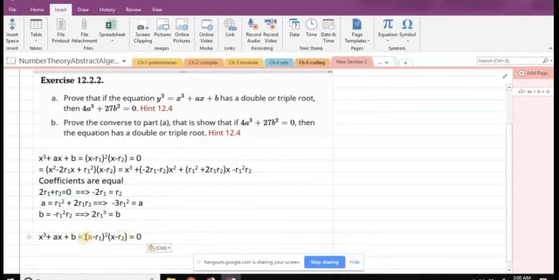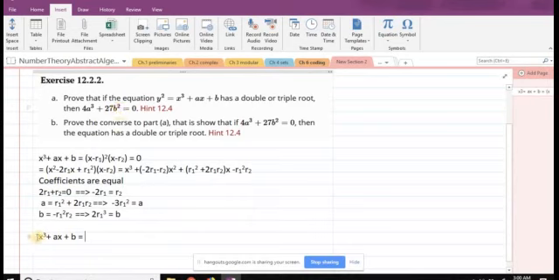But we can't write this like this anymore because we don't know it has a double root. But how can we write it? Well, you can't say this equals 4a cubed plus 27b squared. Well, you could, but that's not helpful.